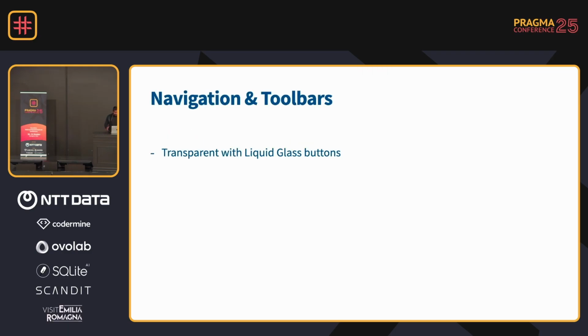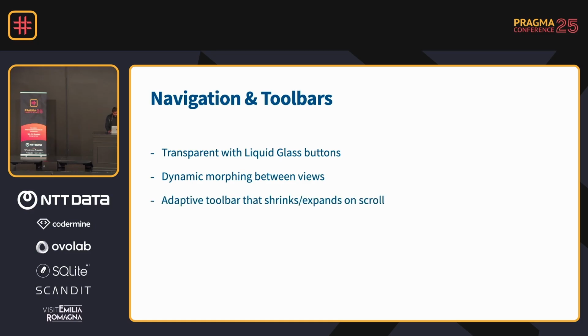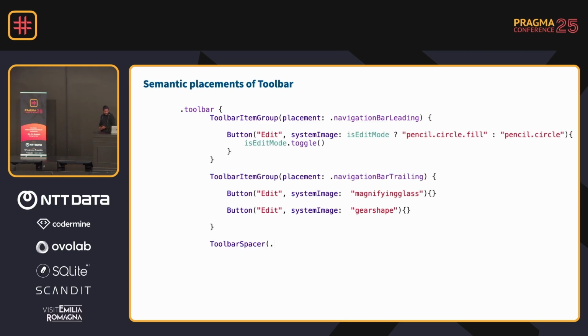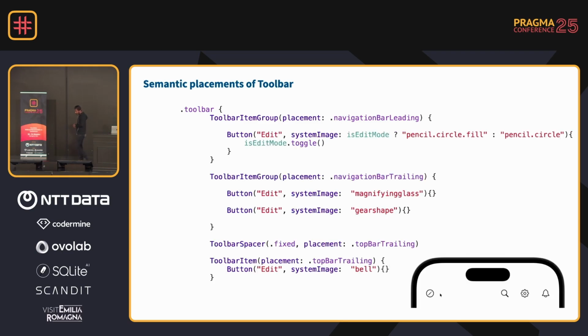Next up, let's talk about navigations and toolbars. As we discussed, it's transparent with liquid glass buttons, and it has dynamic morphing between views, giving nicer animations to your application. All you have to do is use the toolbar placements to segregate the buttons and the content.